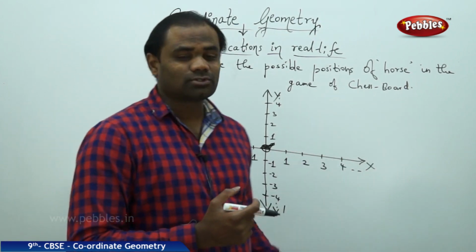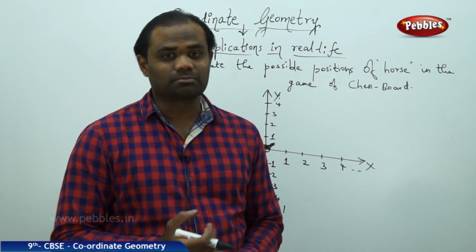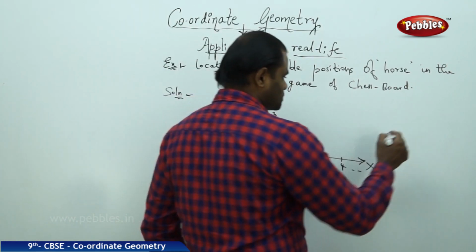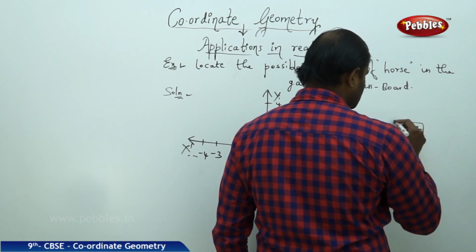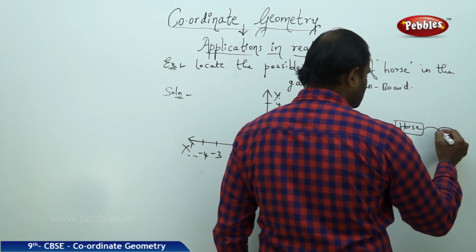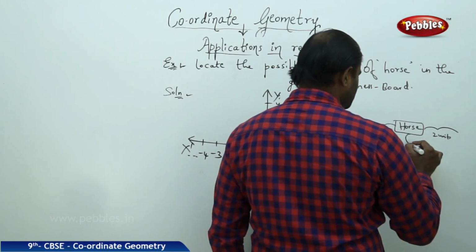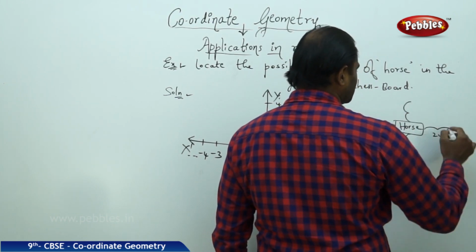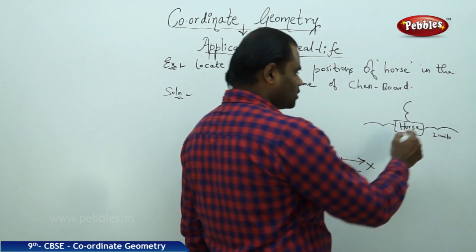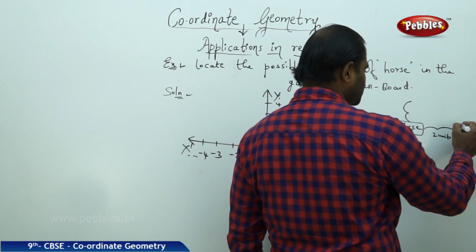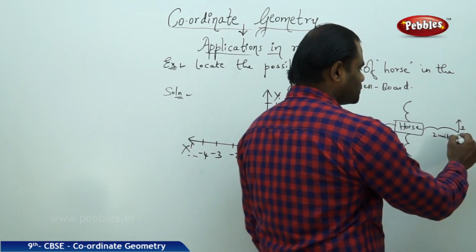Before we enter into solving this problem, let's try to understand the rule of the horse in the chessboard. We know that a horse in the chessboard moves with the rule: 2 units right or 2 units left or 2 units down or 2 units up, and then moves 1 unit next. If the horse moves 2 units right, it can either move 1 unit up or 1 unit down.